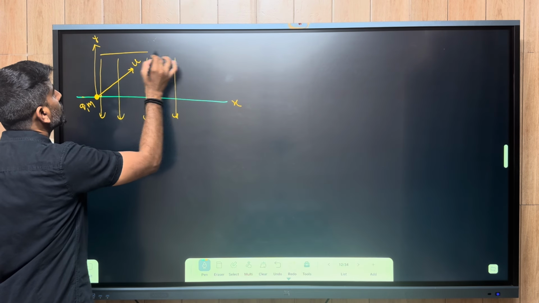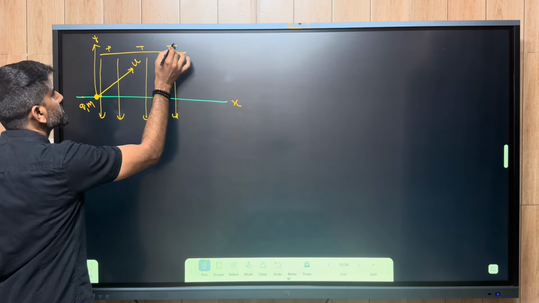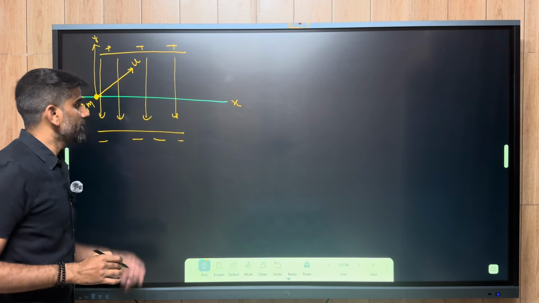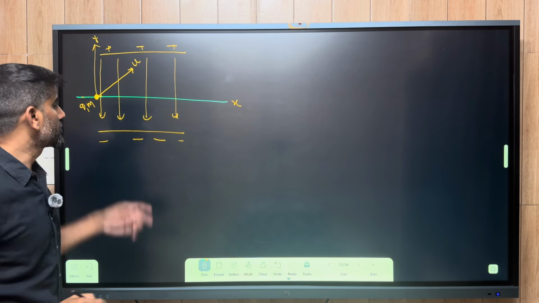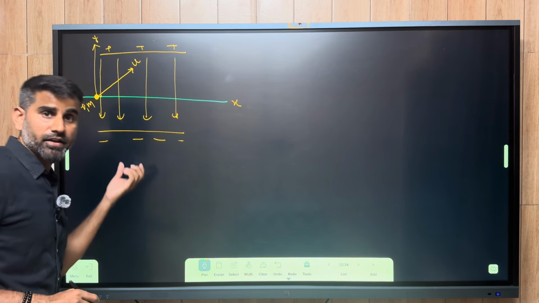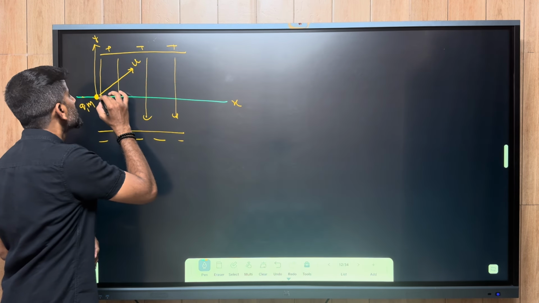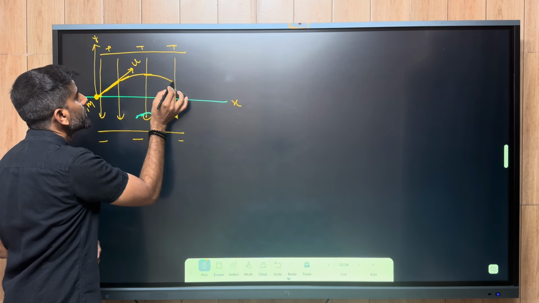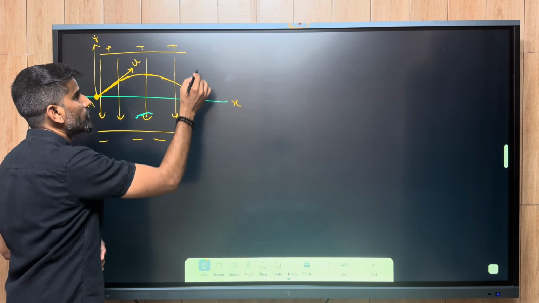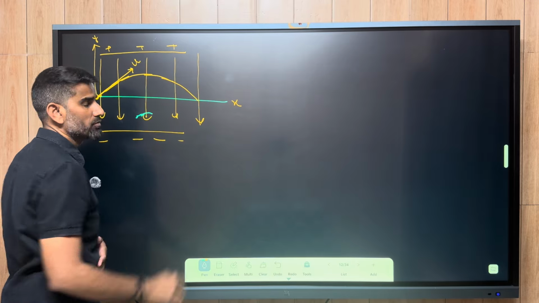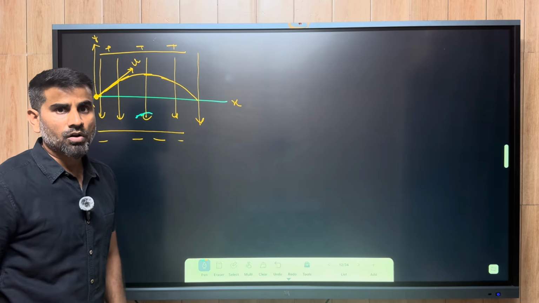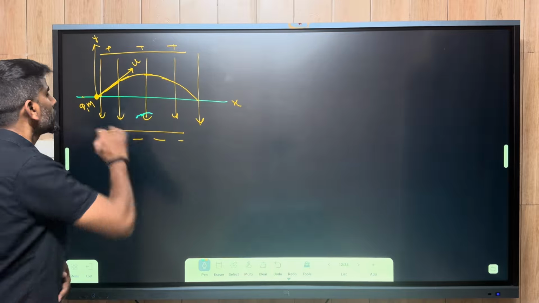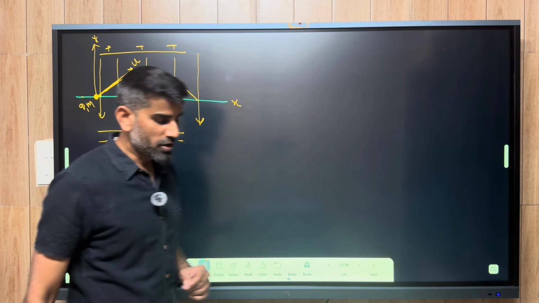As we know, here we have positive charges, here we have negative charges. As I have considered the positive charge, this positive charge is being attracted by negative charges, due to which this charge will slowly move towards down. Hope my point is clear to you. So it obviously follows a parabolic path.